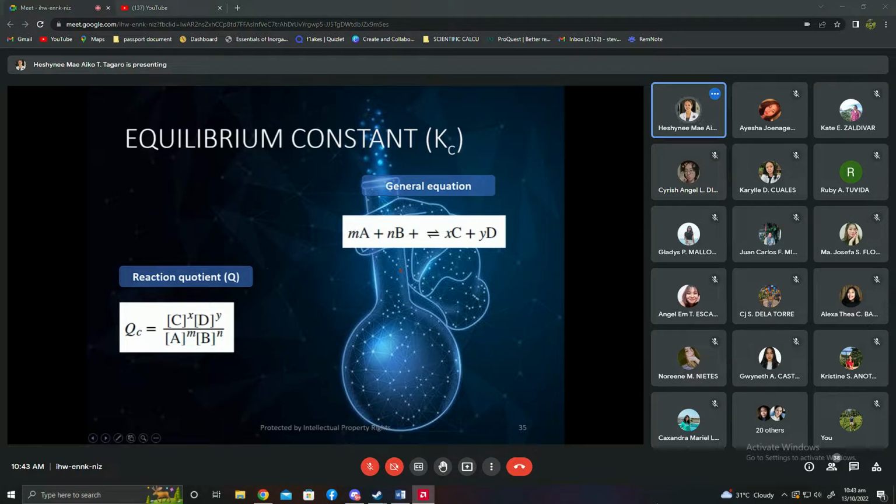So basically, this QC expression is derived from this balanced chemical equation here. If your balancing is wrong, then automatically what you put in the QC expression will be wrong too. So in balancing, you should already be correct; you should know how to balance. Because if the balancing is wrong, automatically what you write in the QC expression is wrong. The exponents you use for solving for the reaction quotient will be wrong.